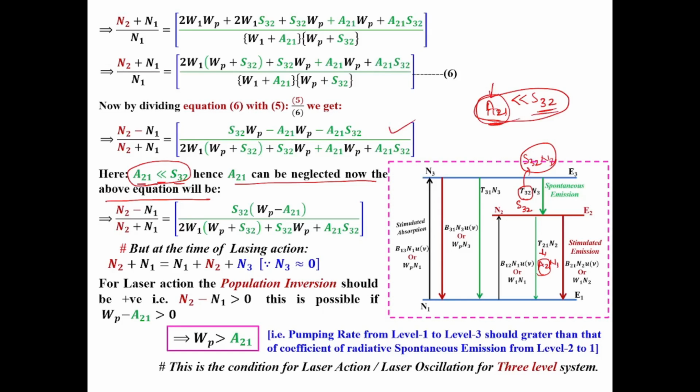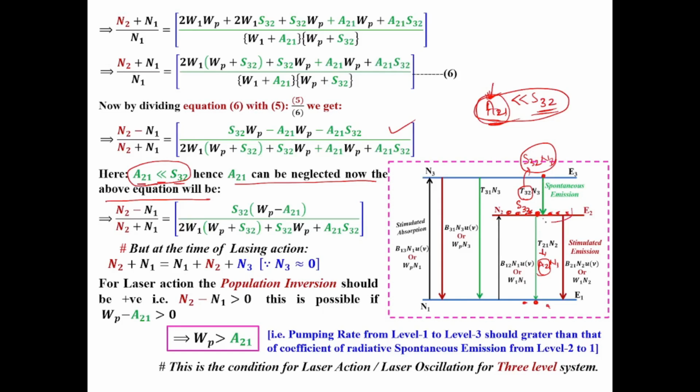See, if I consider the probability of spontaneous transition from 2 to 1 to be faster than the spontaneous transition from 3 to 2, then whatever molecules or atoms are here will transit quickly to the ground state as compared with E3 to E2.